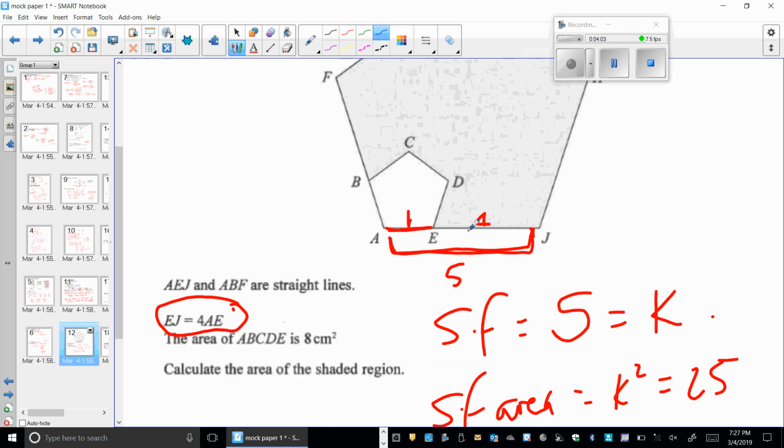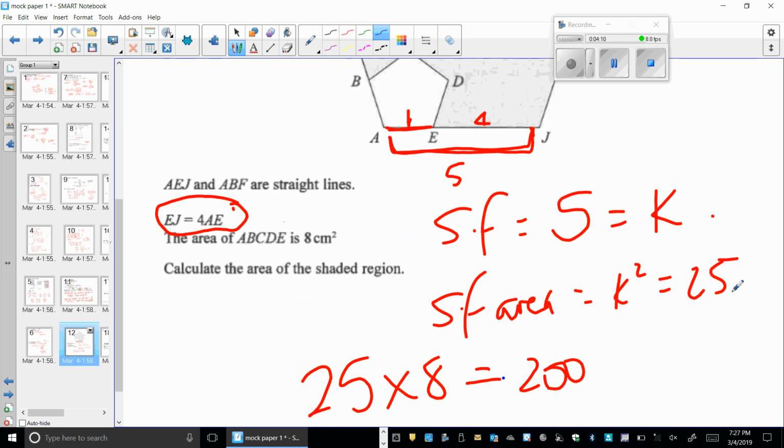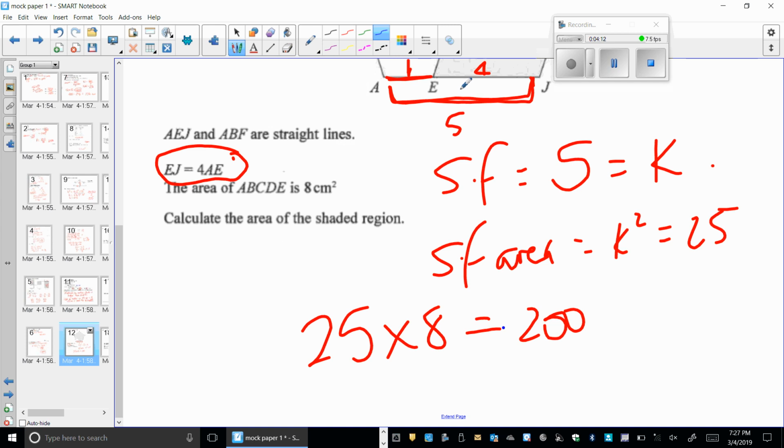So the area is the shaded region. So the big pentagon is 200, small pentagon is 8. So the shaded area is going to be 200 subtract 8, which is 192.